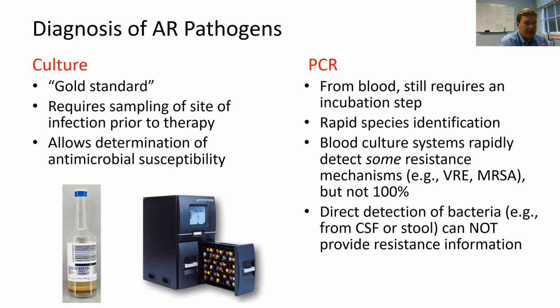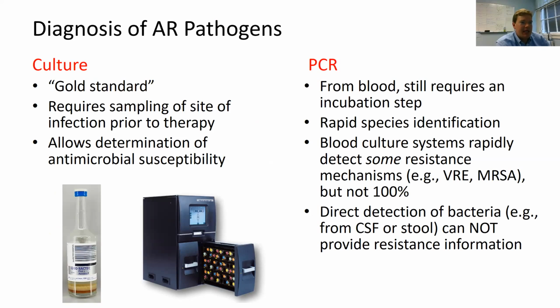They can tell you 2 hours after the organism grows that it's VRE or MRSA, whereas before that would have taken 2 days. So 2 hours versus 2 days is the improvement there. And those are highly reliable for VRE and MRSA, although for gram-negatives, there are going to be too many resistance mechanisms for them to detect 100% of those.